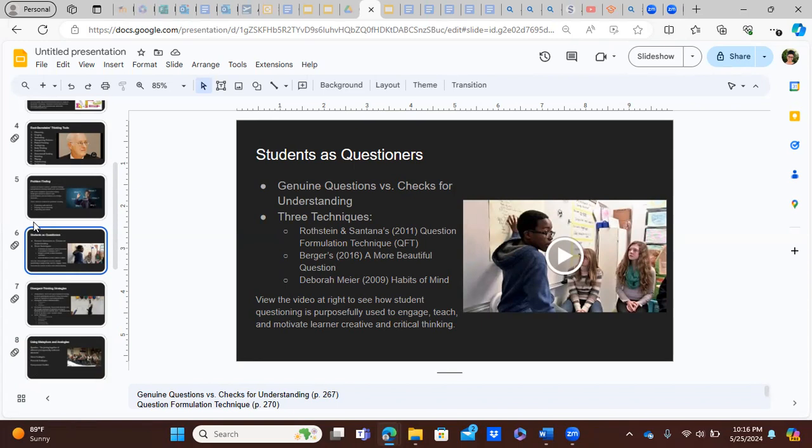In school, the QFT serves to support student engagement and learning by having them generate questions around a question focus provided by the teacher. That is not, what do you wonder about the world in general, but what do you wonder about this statement related to our core content? This is the strategy's greatest strength and its biggest limitation.